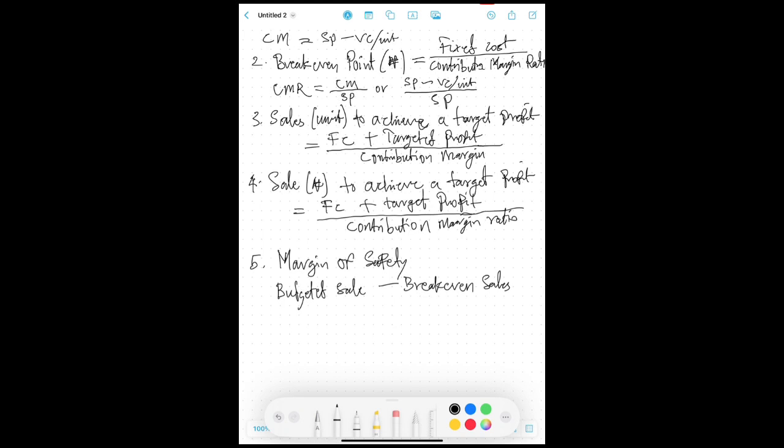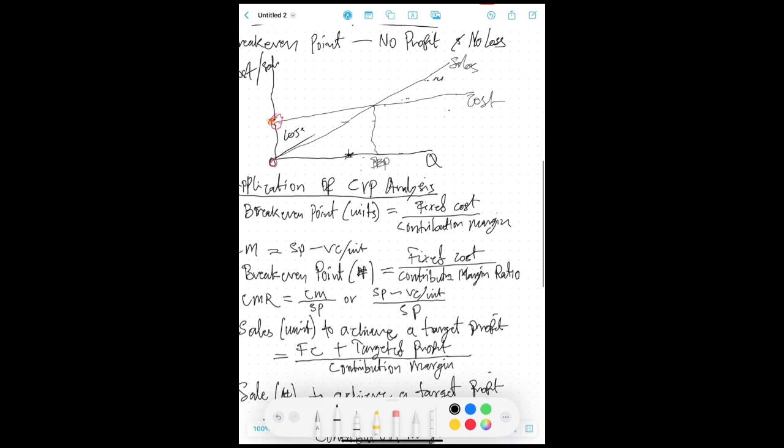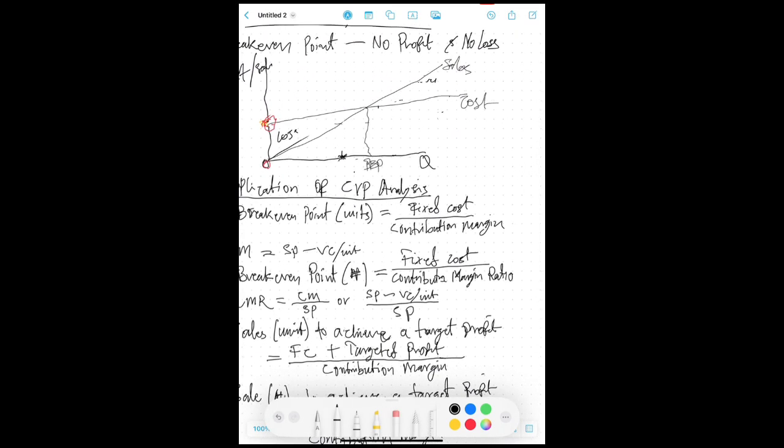The difference between these two is your margin of safety. Like we showed in the diagram, it runs from the break-even point up to the highest level of sales.